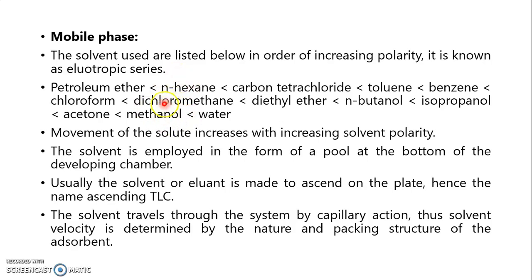So the eluotropic series is the arrangement of solvents used in thin layer chromatography according to their polarity, and any solvent from this list can be selected depending upon the polarity.